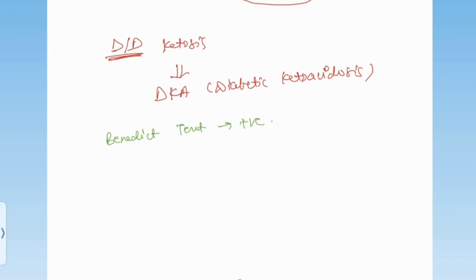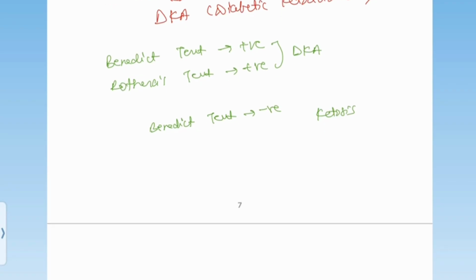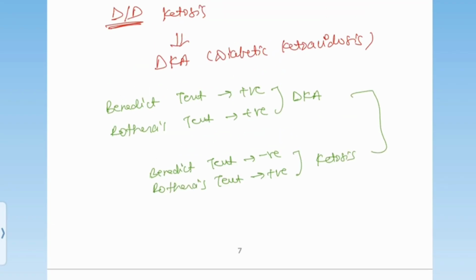So in case of diabetic ketoacidosis, we have both Benedict and Rothera's tests positive. But in case of ketosis, the Benedict test is negative, as we already know that only ketone bodies are formed in ketosis, not glucose, and Rothera's test is positive. So this is how we will differentiate ketosis from diabetic ketoacidosis.